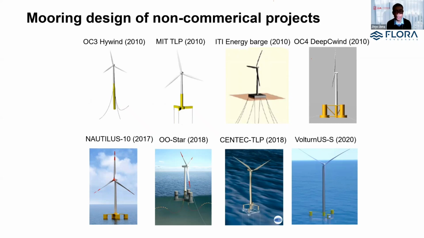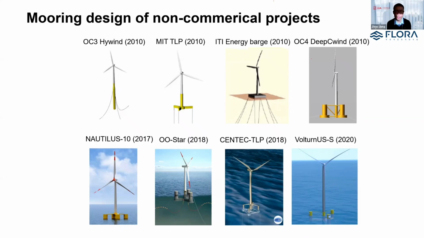So there are many academic designs, and it's very interesting to see the use of these academic designs because this openly available data make it possible for researchers and academics to model and analyze wind turbines.